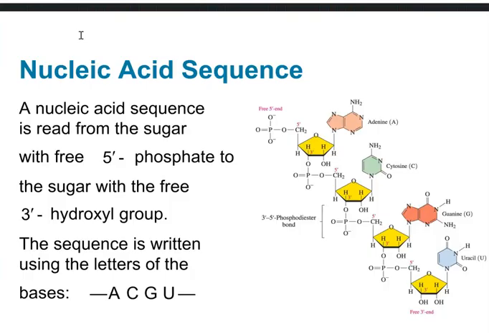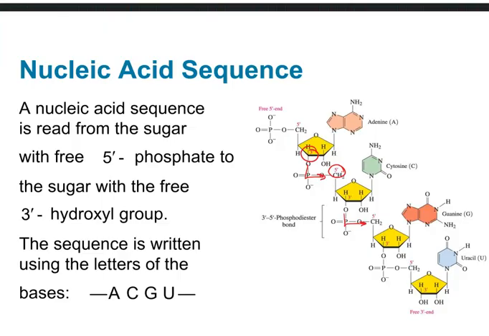So first of all, the phosphate always connects 3' carbon of one sugar to 5' carbon of another sugar. The direction is always the same, 3 to 5, 3 to 5. Okay? And if you look at the phosphates and the sugars, they go phosphate, sugar, phosphate, sugar, phosphate, sugar.